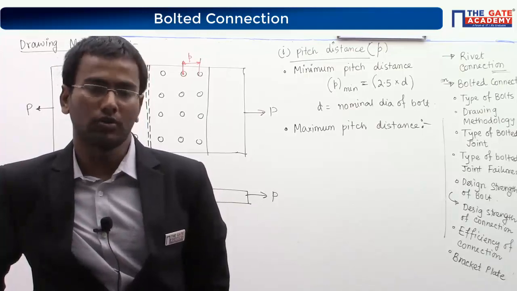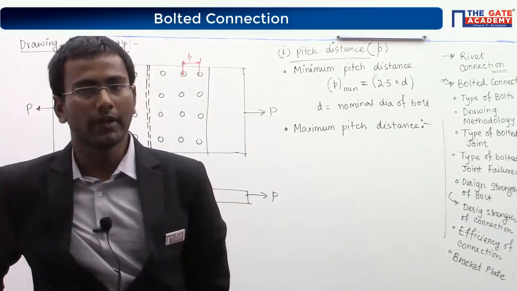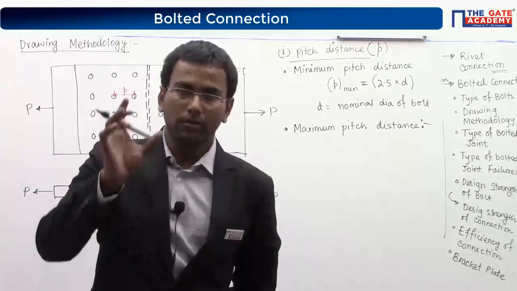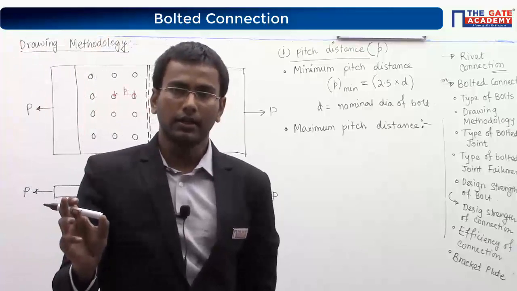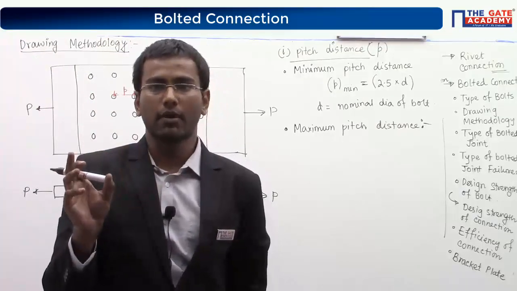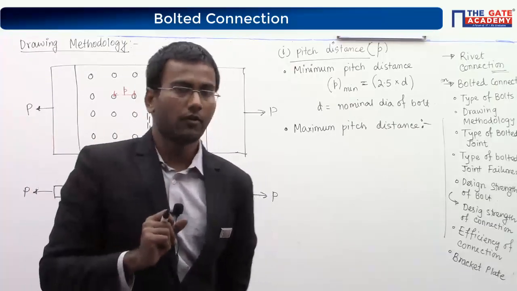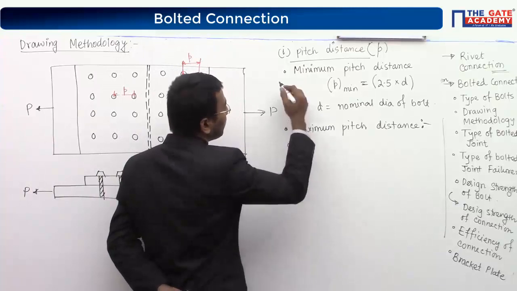So columns are most of the time subjected to compressive force. So for a particular compression member or a particular tension member, there is a certain maximum and minimum pitch distance. For the first category, number A, one is there A.